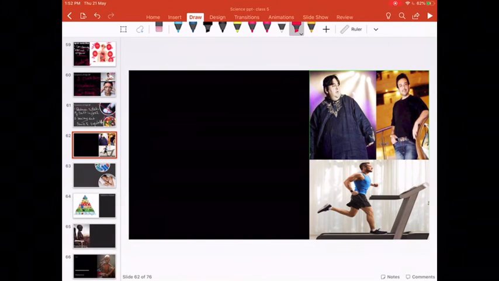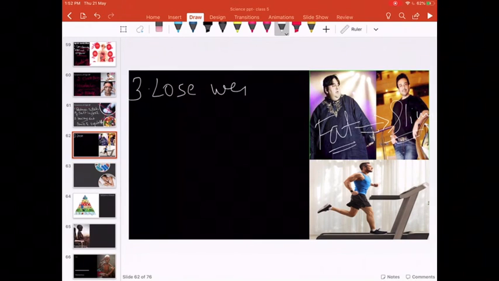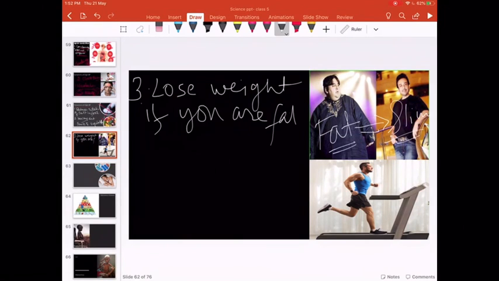Then, if you are overweight, if you are fat, then reduce your weight, become slim. So this is the third, lose weight if you are fat.